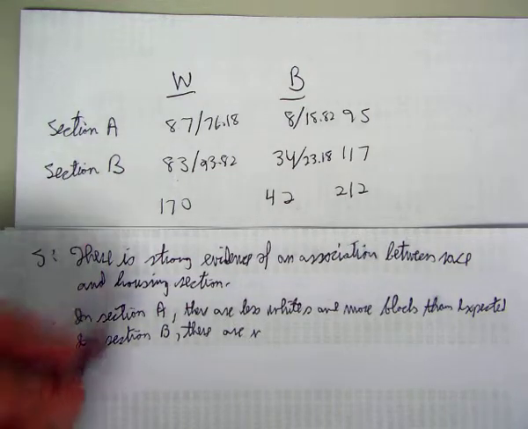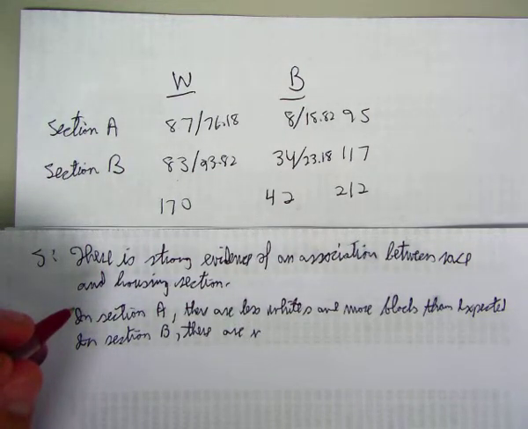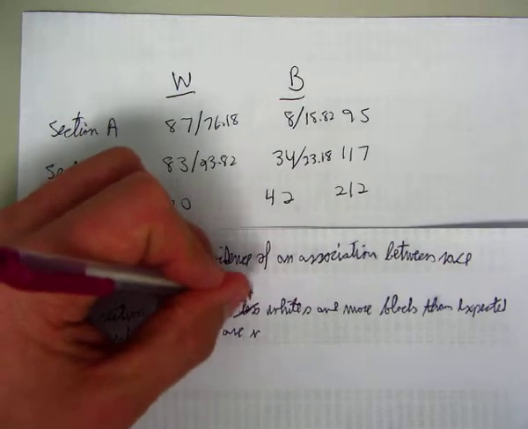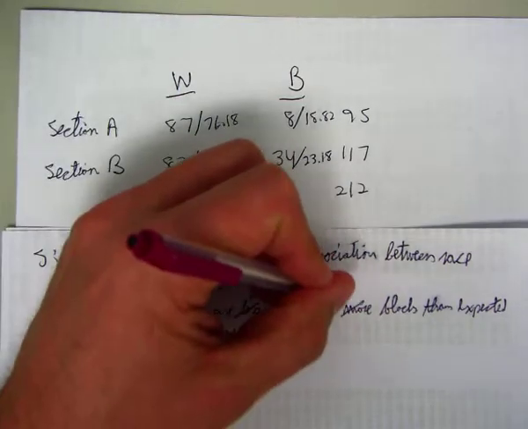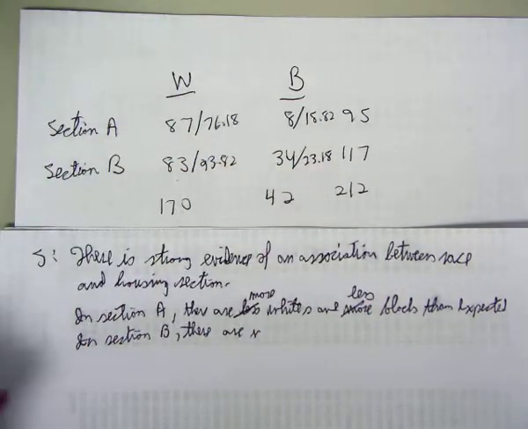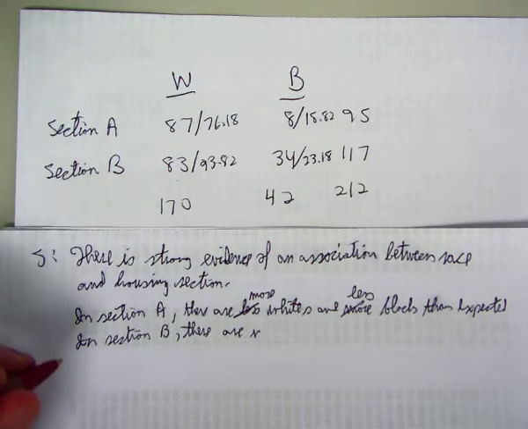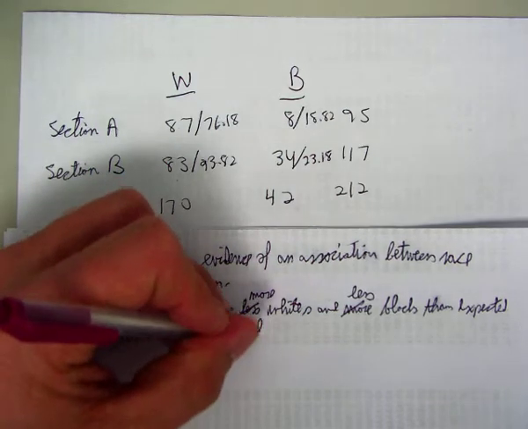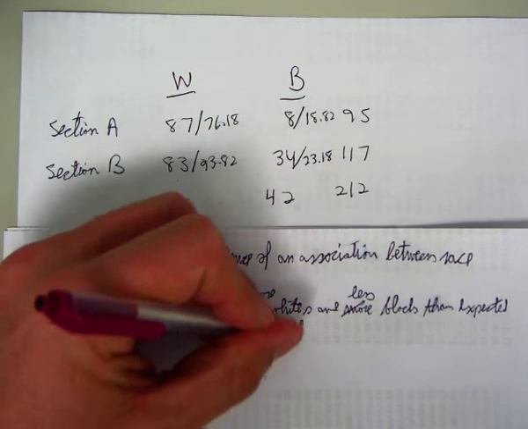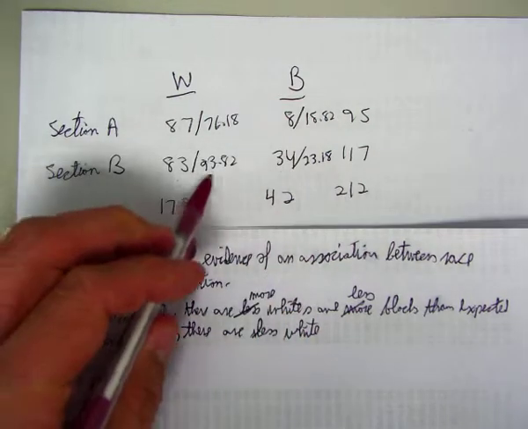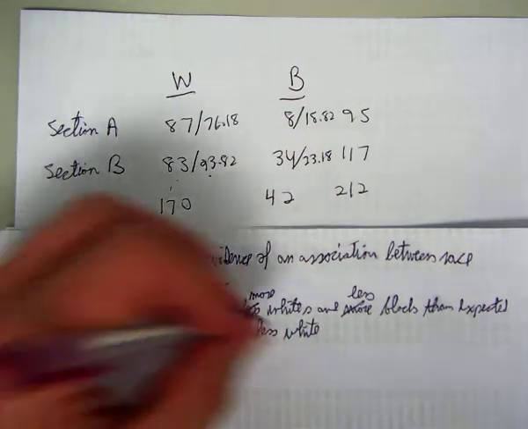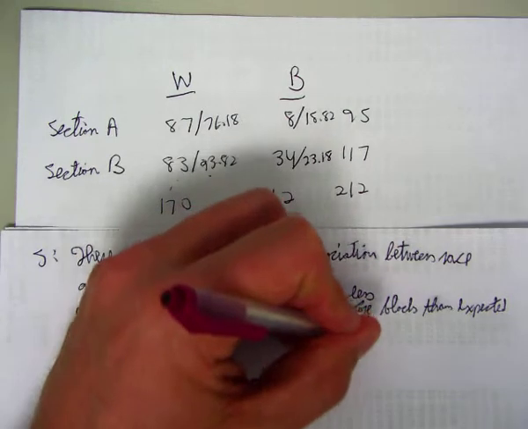I wrote that backwards. Yeah, I wrote that backwards. In section A, there's more whites and less blacks than expected. In section B, there are less whites, because we'd expect that many, and there's actually that many, and more blacks than expected.